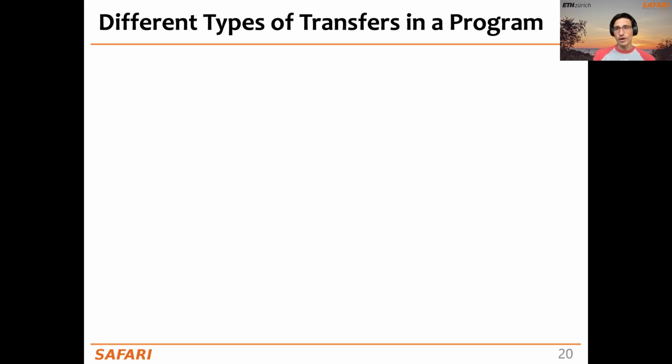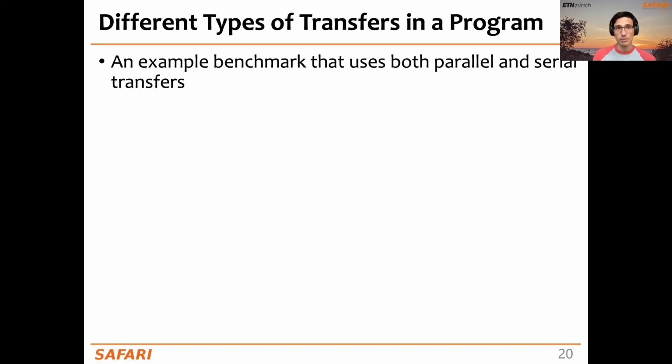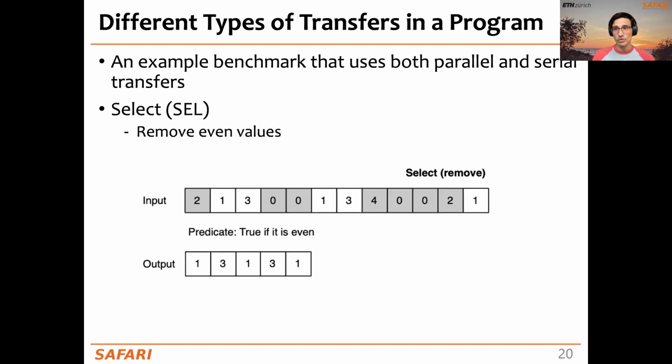So one question that you may be asking yourself is whether it is possible to use different types of transfers in a program. Yes, it's possible, and not only possible, but sometimes also necessary. For example, in this select operator, a relational algebra operator, what we are doing is filtering values of an input array. In this particular example, we are removing even values.